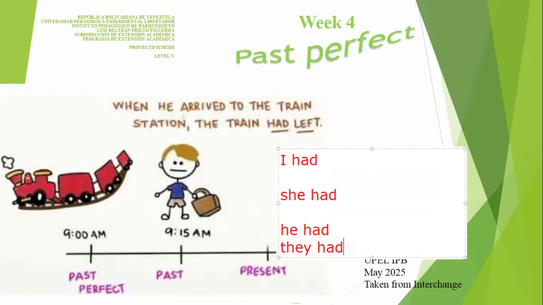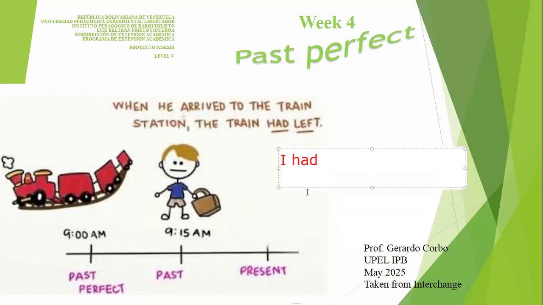So it's the same auxiliary verb for all the subjects, okay? After the auxiliary verb, we have to use the main verb in past participle. For example, remember the verb eat in present, ate as simple past, but the past participle is eaten.